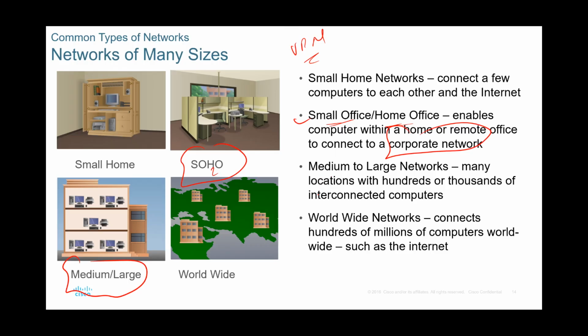Those ones are big networks. Some of them are medium, some of them are large. By the time you begin to have almost 20,000 users on campus, that's a large network. And of course, your guy at the top, the worldwide network. That is our internet. It connects hundreds of millions of computers worldwide.